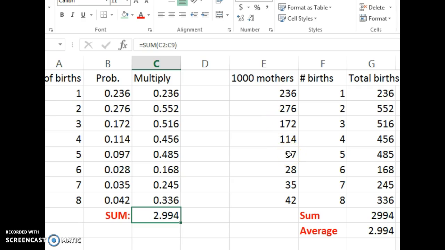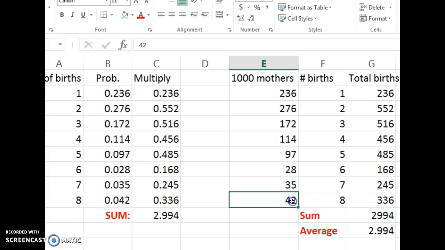So we have our group of 1,000 mothers. Here's how many fall into each category. Now let's look at how many total births they've had. You would get that by multiplying. You take the outcome multiplied by how many mothers fit into that category, and you get the total number of births. And then you do that for each of the categories.